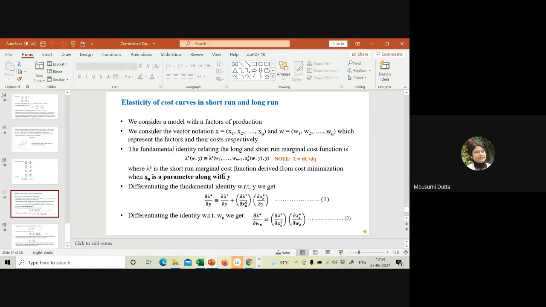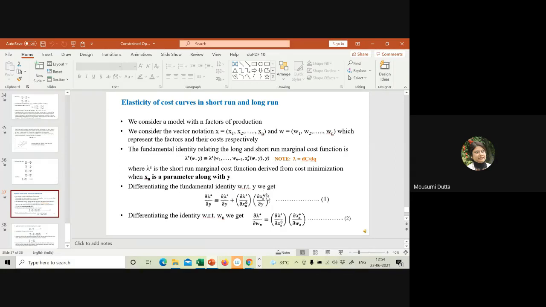Lambda s is the short run marginal cost function derived from cost minimization when Xn is a parameter along with y. Okay, so in case of the short run marginal cost curve, along with y and W1 to Wn minus 1, Xn is a parameter.